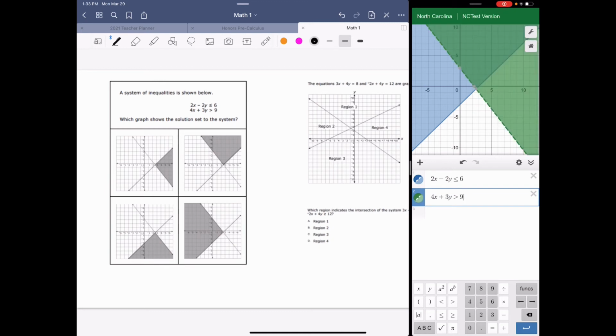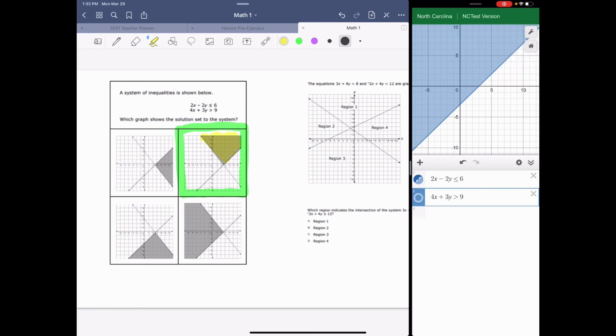So if we look, the overlap is going to be in that top area. So the answer choice here that is actually going to work is this one, okay? Because the overlap that we see in the picture is the top part. We have green, we have blue, and actually I can change it to red if you want so you can see a little bit better. So we have that overlap between the two.